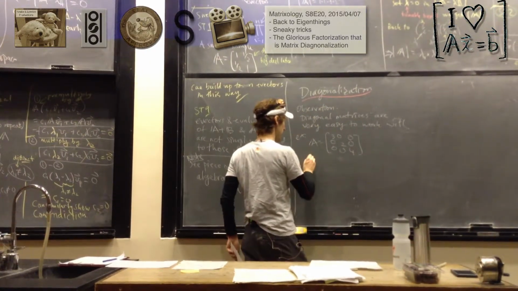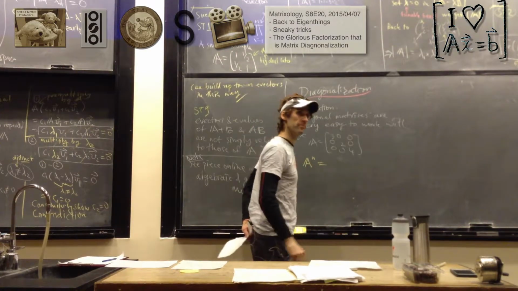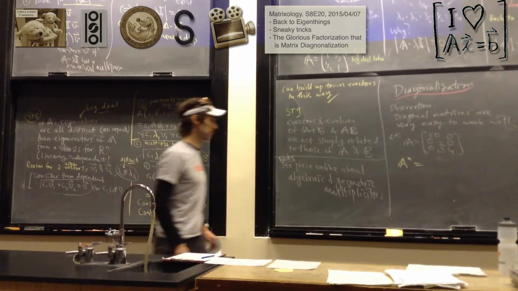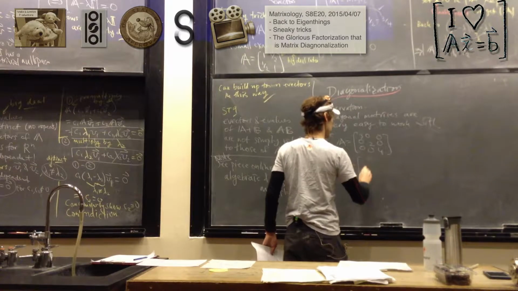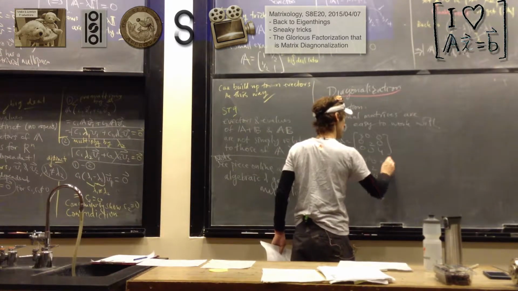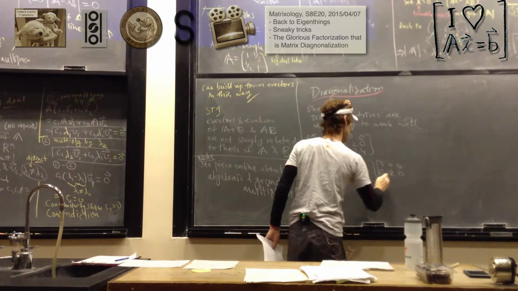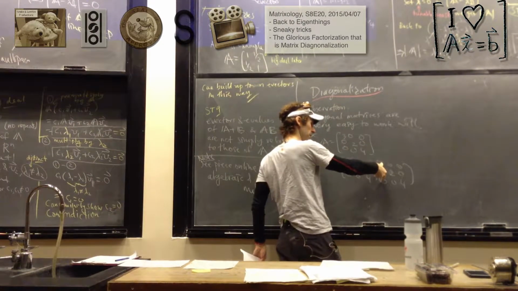So what's A to the n? Let's just do A squared. So quickly, we've got 3, 0, 0, 0, 2, 0, 0, 0, 4 times itself. The 3 is only going to hit the 3.